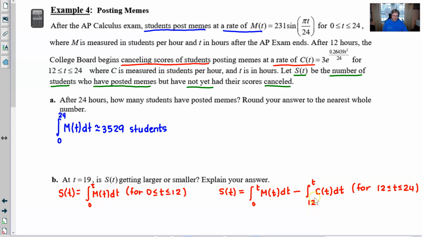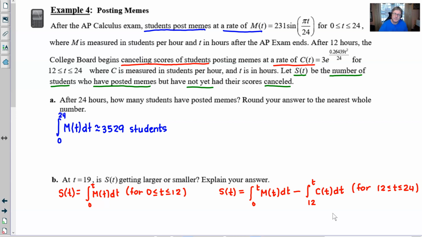And so that's why we must subtract the integral of the rate at which scores are canceled to get the total number of students who have been canceled. Students who've posted minus the students who've been canceled are the students who've posted but have yet to be canceled. There's a lot going on there, I know. If that's confusing to you, pause the video, rewind, maybe listen to that explanation again, and it may make sense.